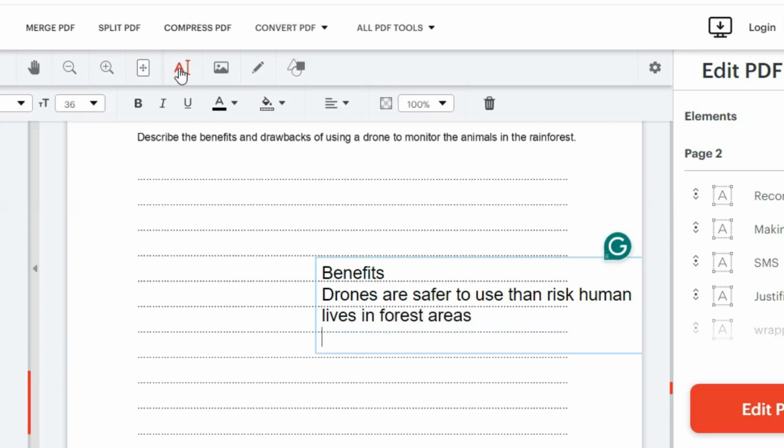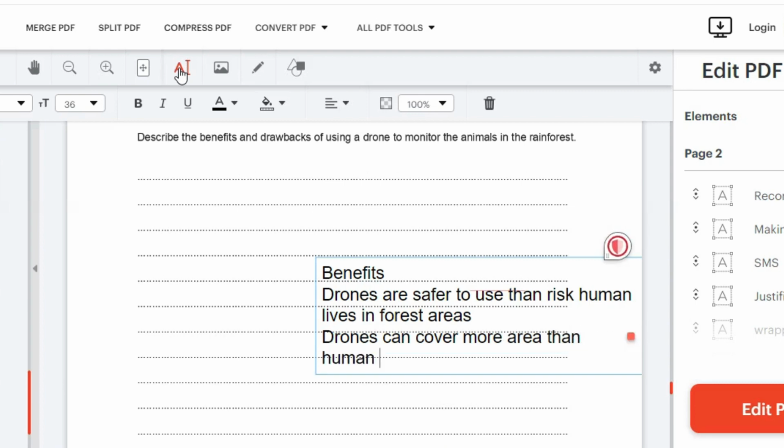2. Drones can cover more area than a human in the time available.